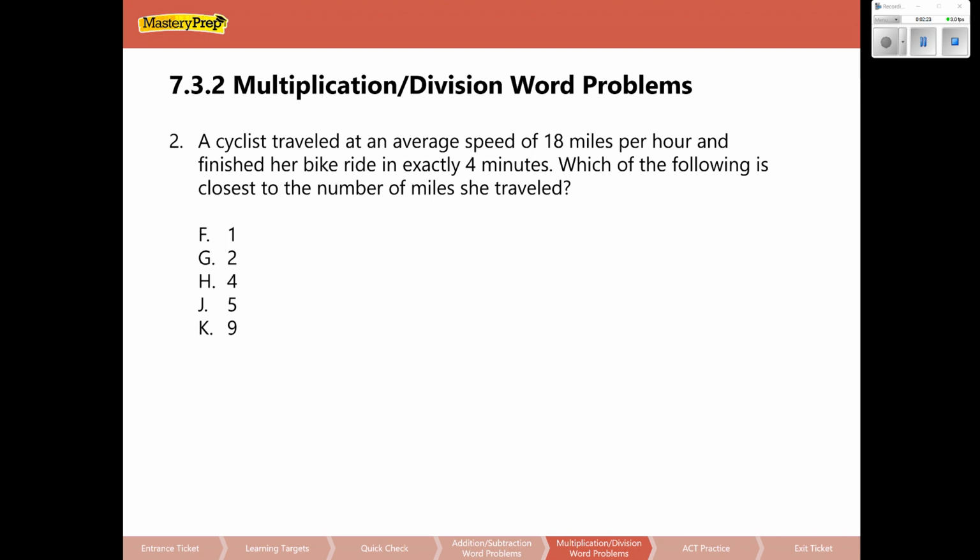This one is in your note sheet. A cyclist traveled at an average speed of 18 miles per hour and finished her bike ride in exactly 4 minutes. Which of the following is the closest to the number of miles she traveled? So we have 18 miles per hour, yes?